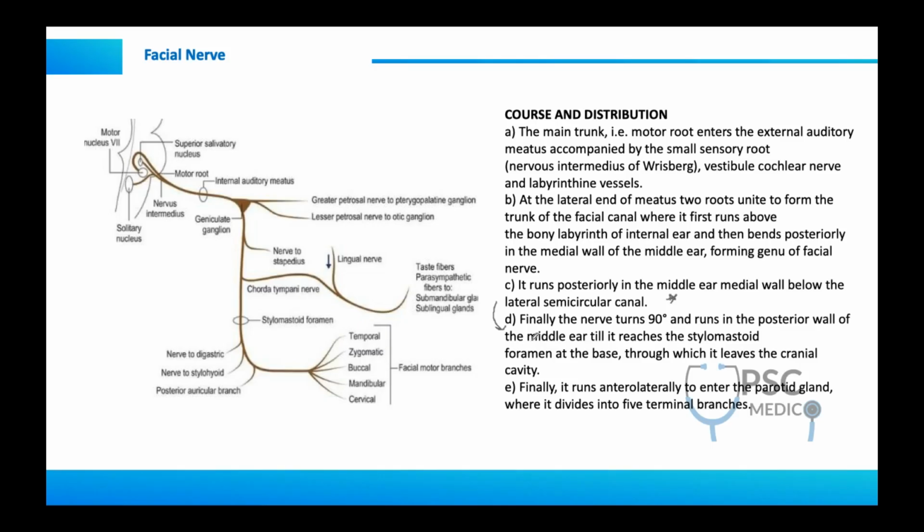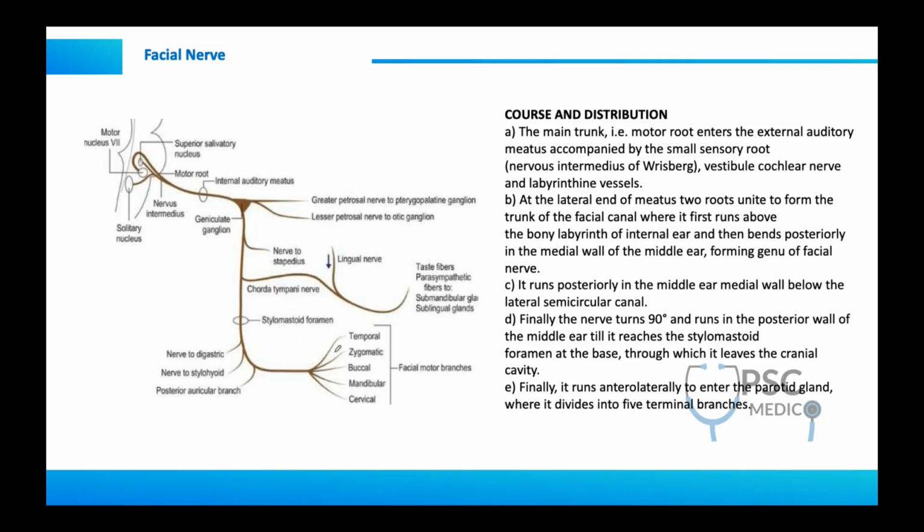After leaving, it runs anterolaterally to enter the parotid gland, and it divides like a crow's foot into five facial branches.